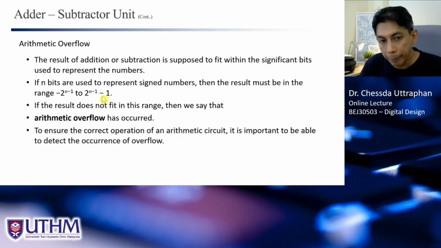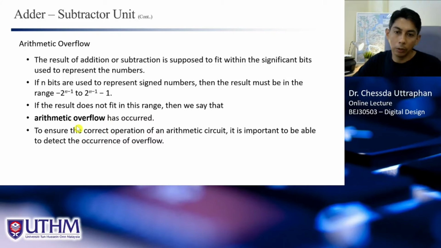If our system is 8-bit, it is minus 2 power of 7 to positive 2 power of 7 minus 1. If 16-bit, n is 16, and so on. If the result does not fit, we can say that arithmetic overflow has occurred.